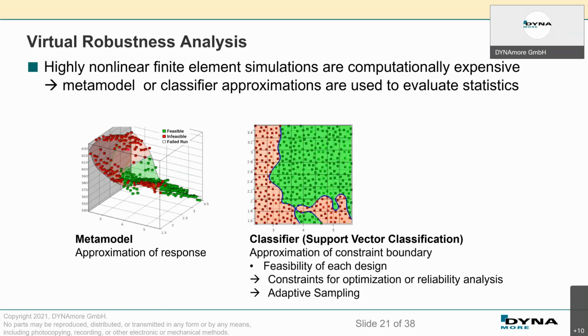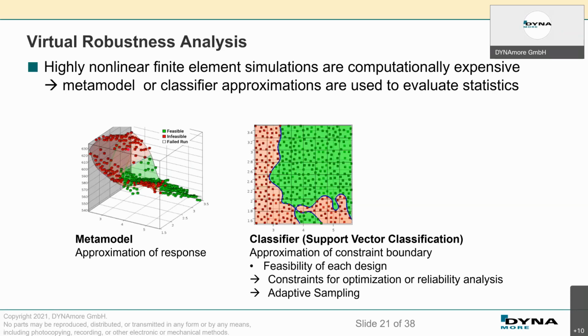In contrast, the idea of a classifier approximation, where we have support vector classification implemented in LS-OPT, is not to approximate the response value, but the boundary of a constrained value, so the constraint boundary. This is quite useful for reliability analysis, like what we have here.